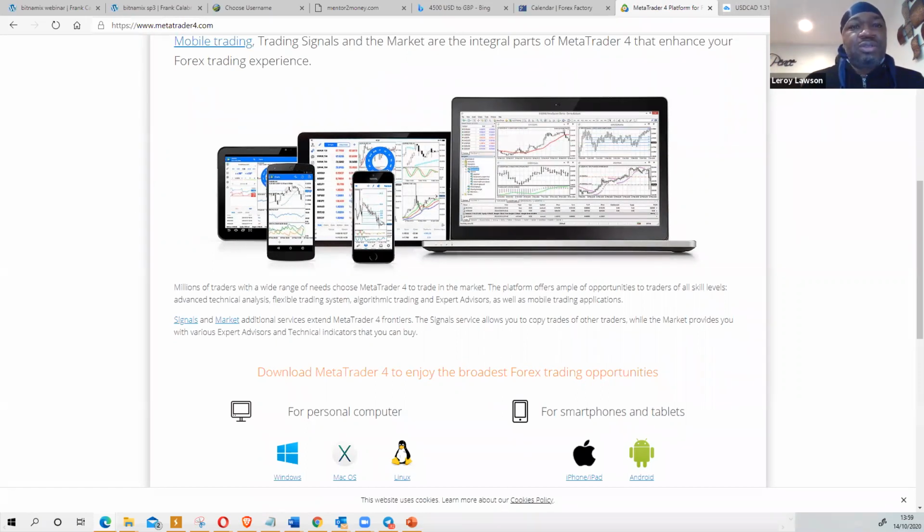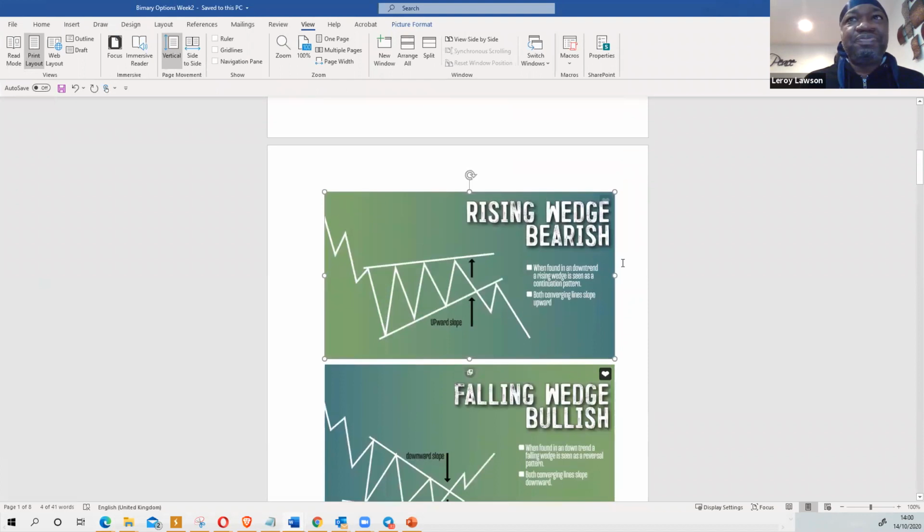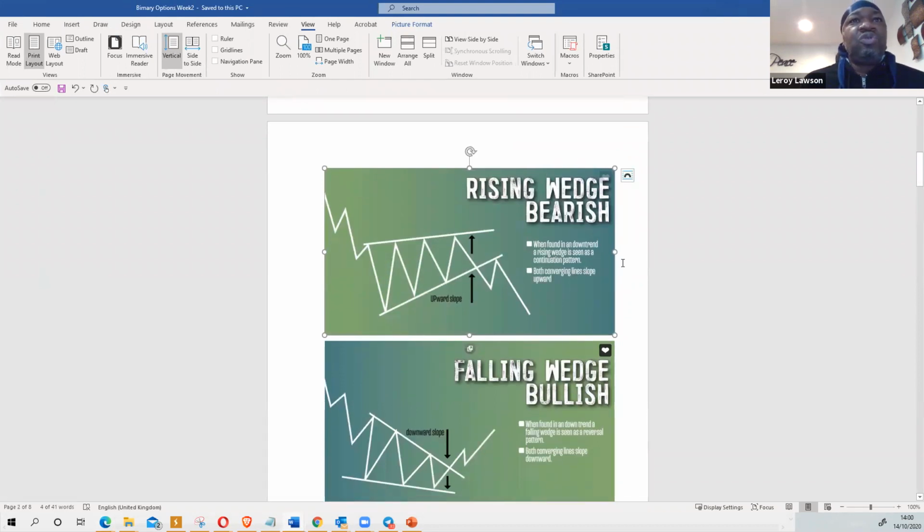The other thing we're going to look at, which I want to introduce you to in more depth, is obviously the indicators that we use. Again, I'm going to flick between my browser and my document here. I introduced you guys to some of these patterns last week. We're talking about using a particular pattern called wedges.